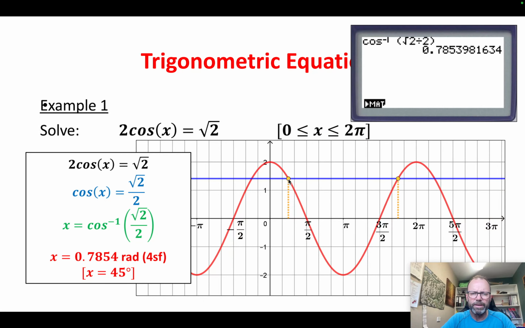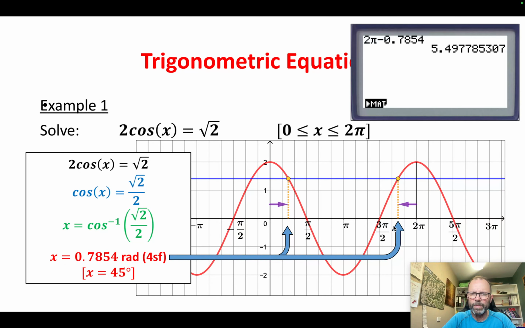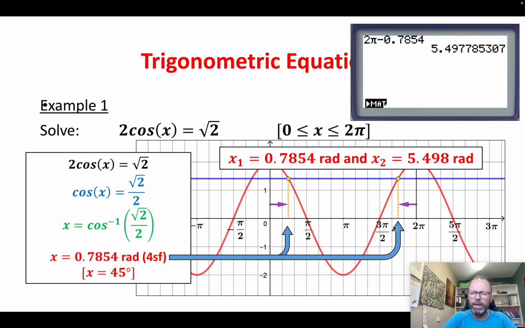That solution is going to be 0.7854 rad, or 45 degrees, and the other one, by symmetry, is 2 pi minus that value. And there's the other answer. Now, you could get this answer by using Desmos, obviously.